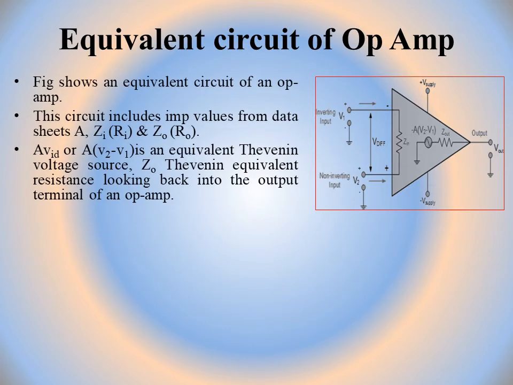So the figure shows an equivalent circuit of an op-amp. This circuit includes important values that are given in data sheets. Now what are data sheets? I have constantly mentioned data sheets.